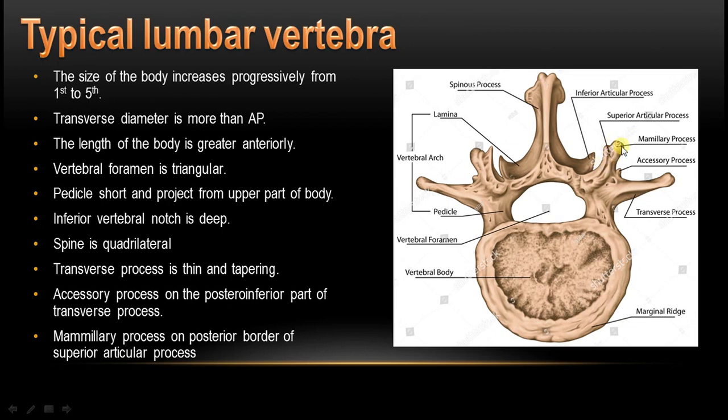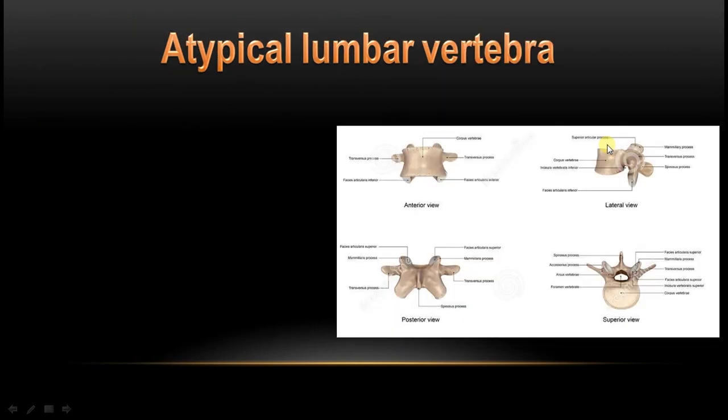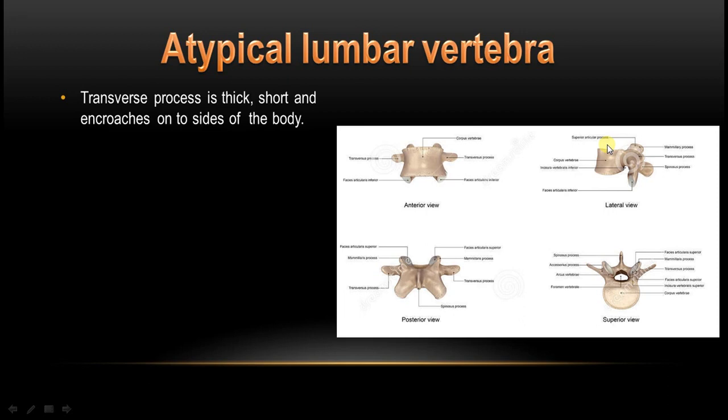It resembles a mammary gland, which is why it is called the mammillary process. Large reniform shaped body, thick quadrilateral spine, triangular foramen, deep inferior vertebral notch, presence of accessory transverse process and the mammillary process. These are all the features of the typical lumbar vertebra.